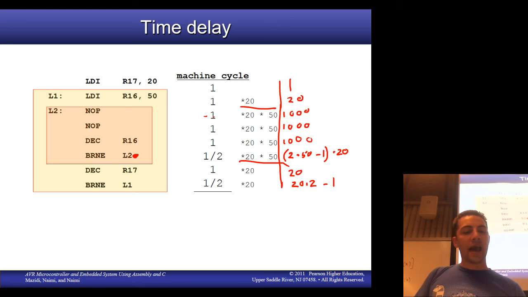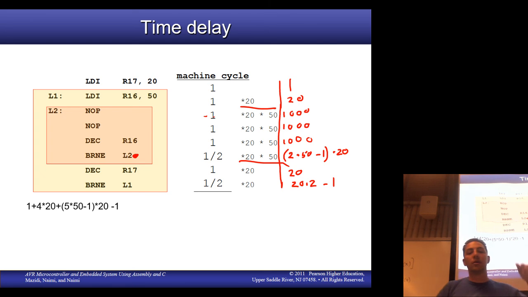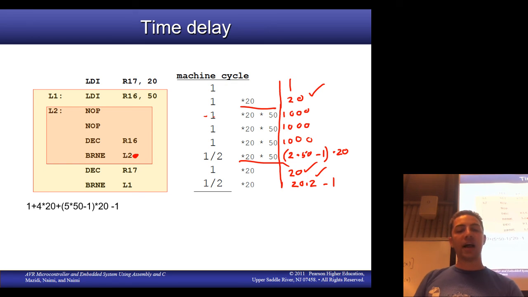You do it all out and you add things. You've got 1 plus 4 20s. You've got a 20 here, a 20 here, 2 20s here. Plus, oh, I did it a little different. I did 5 times 50, 1, 2, 3, 4, 5, minus 1 times the 20.